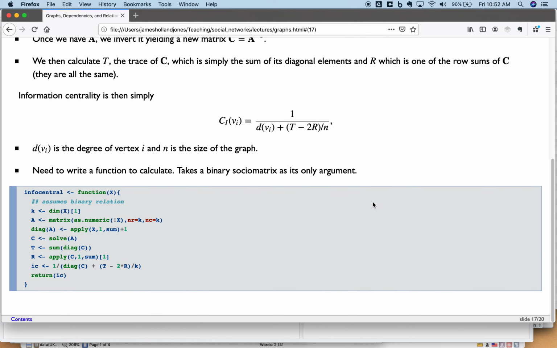And we can then write a simple little function to calculate that. The function is in the notes, so I won't linger over it. It's just a straightforward rendering of the information centrality formula.